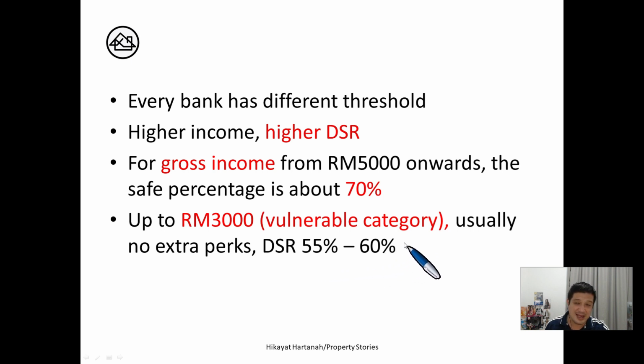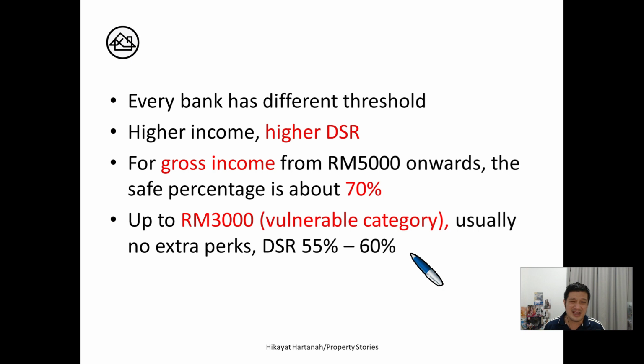Why are they considered a vulnerable category? If you remember last year, the interest rate increased 4 times in 1 year. From the research, they show that the lower income group is the most affected, because once the interest rate increases, they are stuck between their increased living costs and the installment of their house.